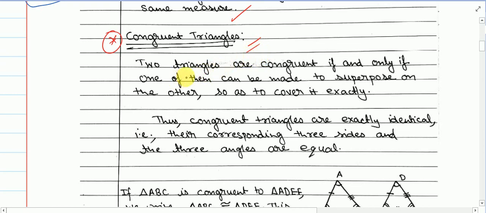You will write two triangles are congruent if and only if one of them can be made to superpose on the other, means so that they can overlap each other, so as to cover it exactly. Done. Thus the congruent triangles are exactly identical, that is their corresponding three sides and three angles are equal. Okay, so you will write till here.